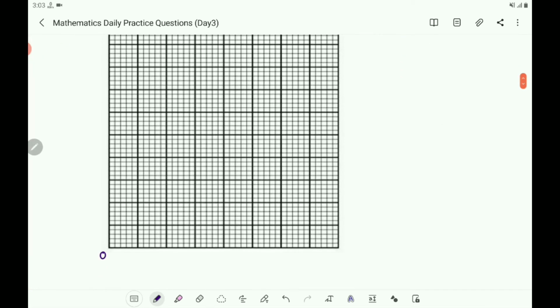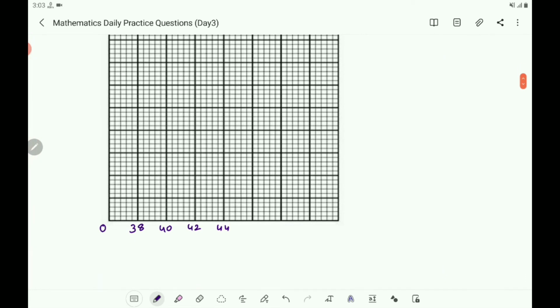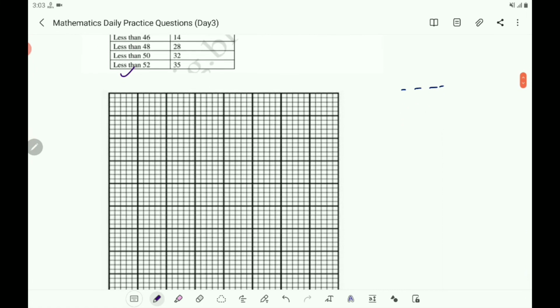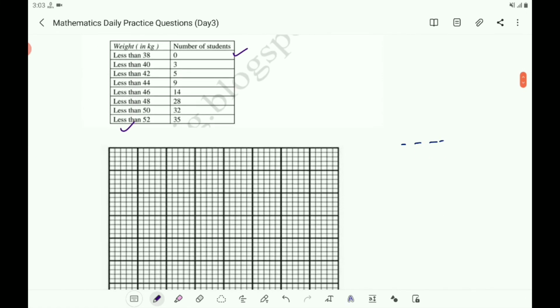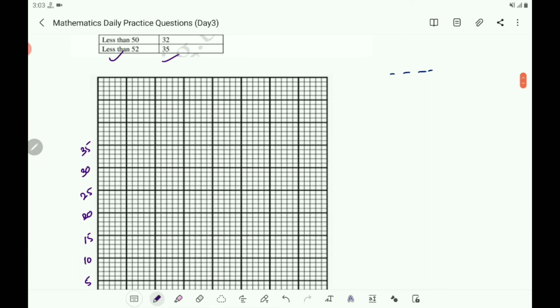Let us start from 38, 40, 42, 44, 46, 48, 50, 52, and the number of students, the maximum is 35. So let us take 5 here: 5, 10, 15, 20, 25, 30, 35, 40, 45, 50.